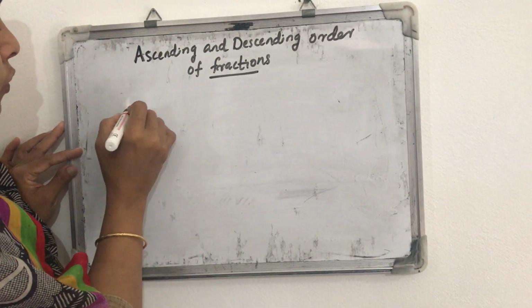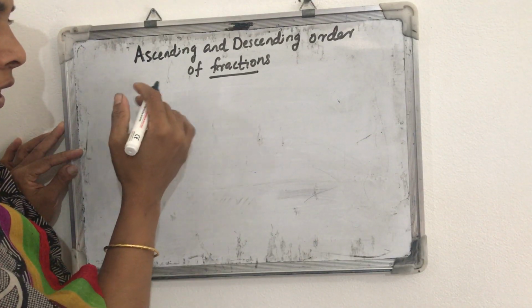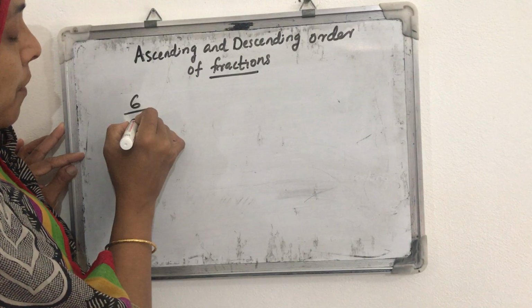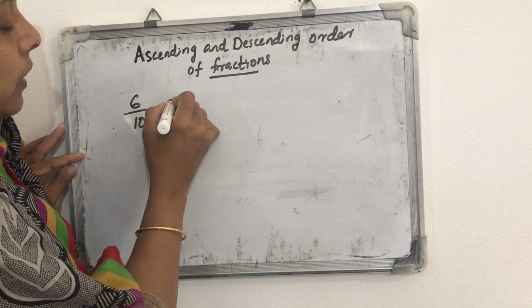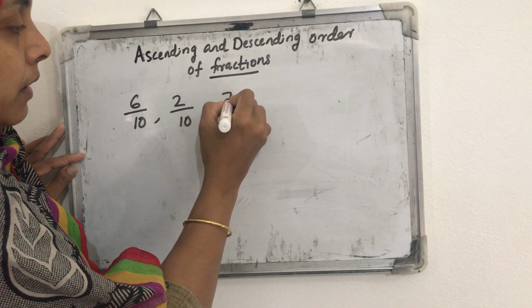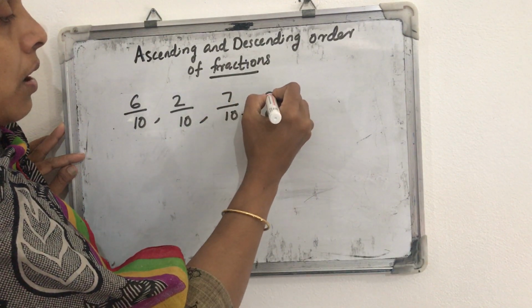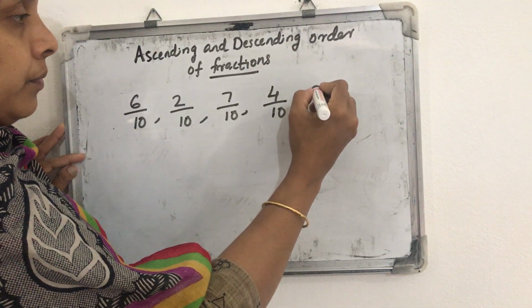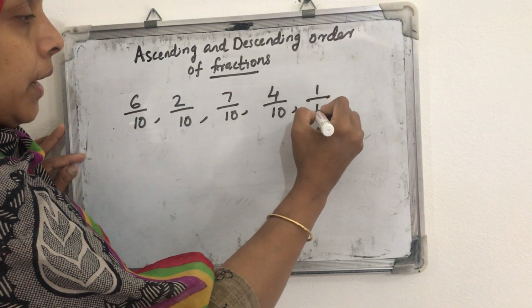Then look at one question. If fractions are given: 6 by 10, then another fraction 2 by 10, next 7 by 10, 4 by 10, then 1 by 10.